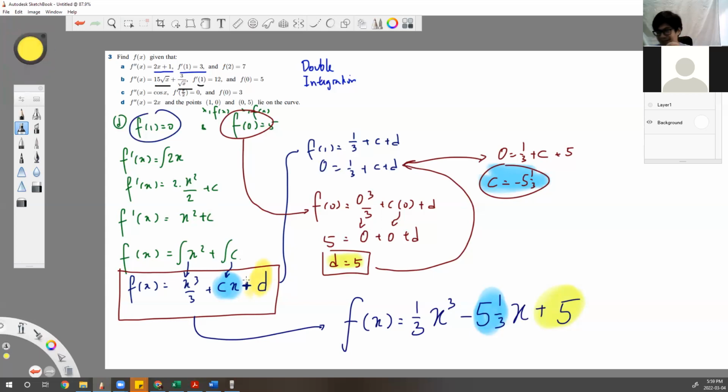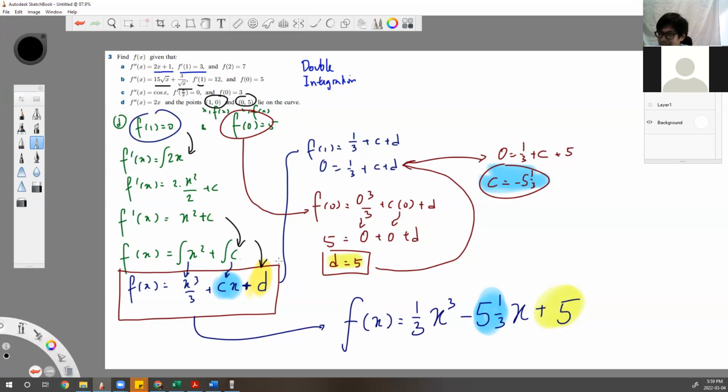So here's the thing. I want to repeat one more time so you might understand this better. First, we don't have the clue of f(x). We only have 2 points like this, and the double derivative, so double integration. First integration here, and we finish here.